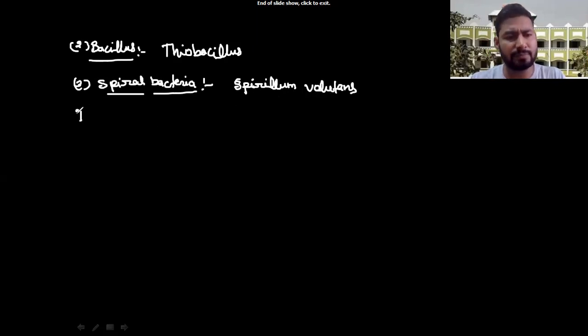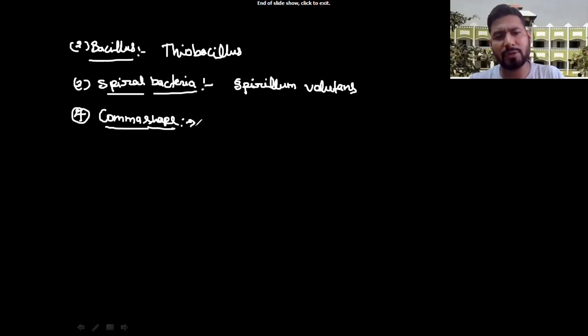Fourth is the comma-shaped bacteria. In the comma shape, a very simple example, it looks like a comma. The example is Vibrio cholerae, which causes the disease cholera. Vibrio cholerae is the comma-shaped bacteria.